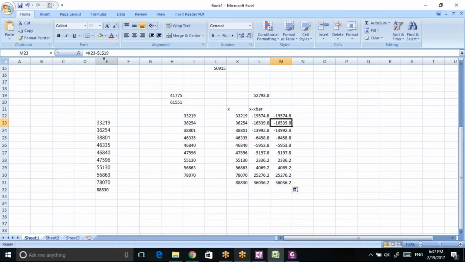So it is K23 minus L19, K24 minus L19, K25 and so on. Right? So to freeze a particular cell, we use this dollar sign concept. Or otherwise, if you find it difficult, this is the best way: just write the value for the mean. It won't take much time.